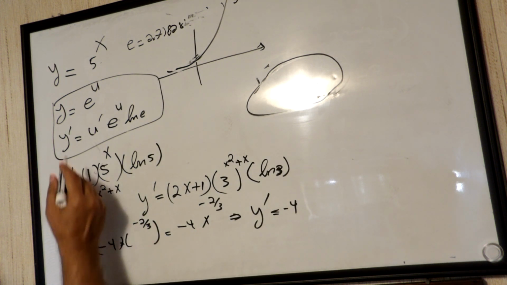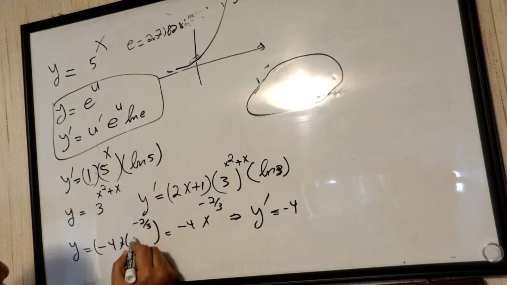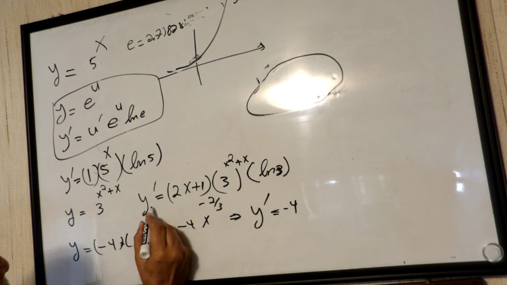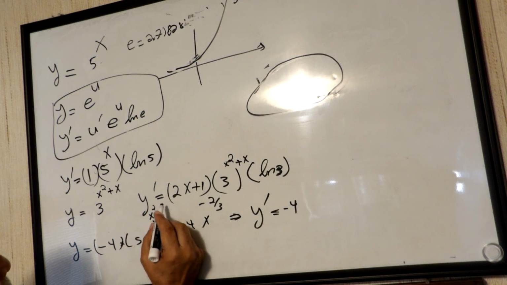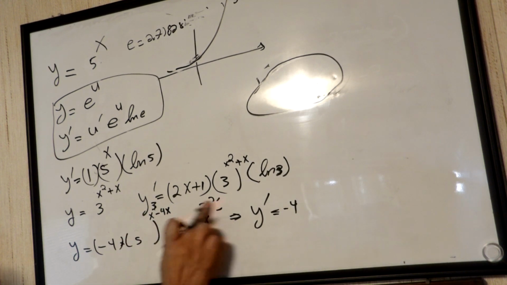I'm sorry, we were supposed to use numbers here. 5 to the power of x cubed minus 4x.